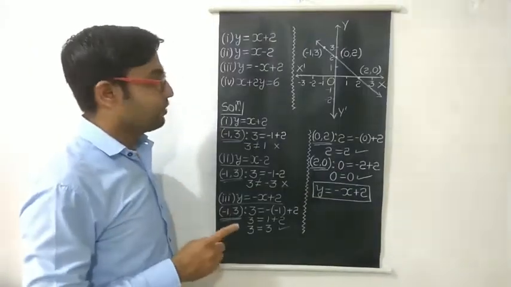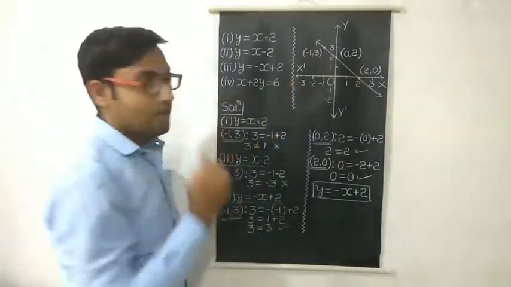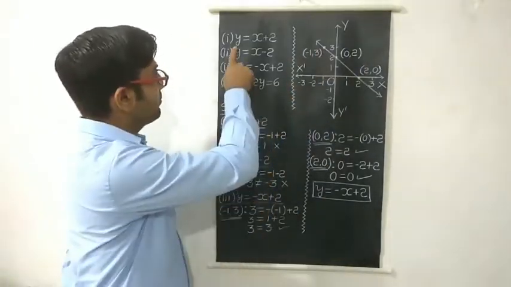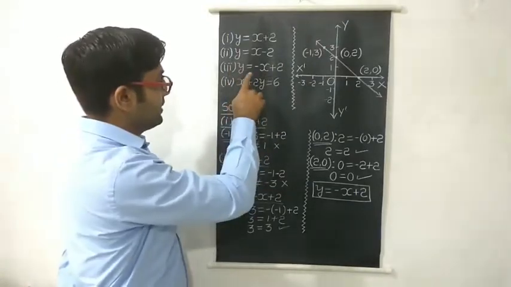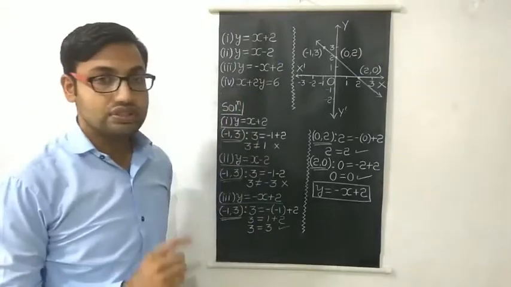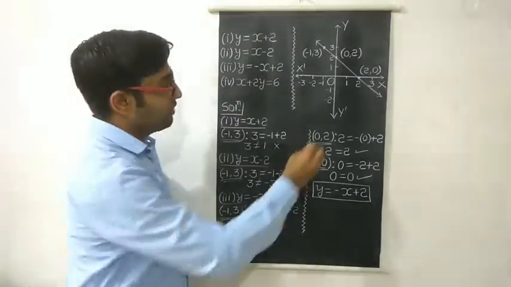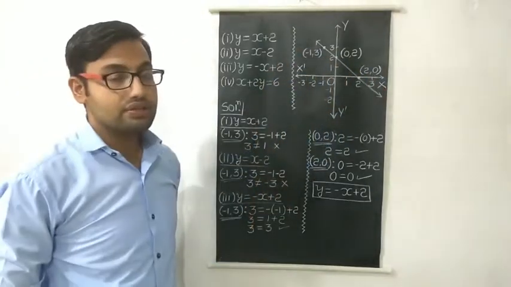So let us now understand the second graph that we have been given, and the four choices are y is equals to x plus 2, y is equals to x minus 2, y is equals to minus x plus 2, and x plus 2y is equals to 6. And the 3 points given here are 2 0, 0 2 and minus 1 3.